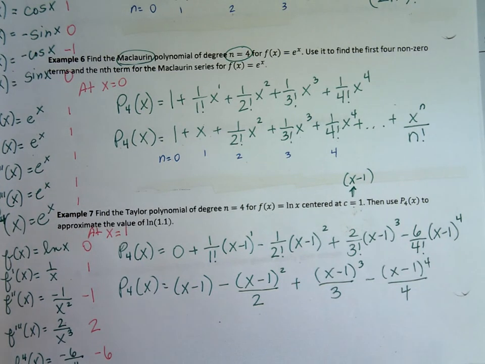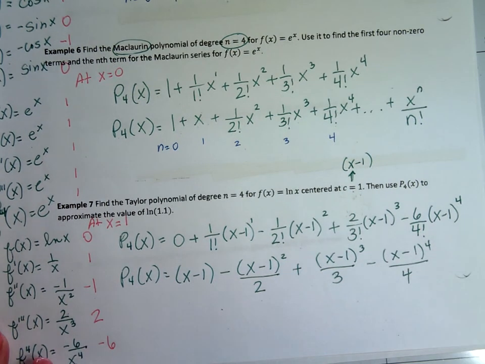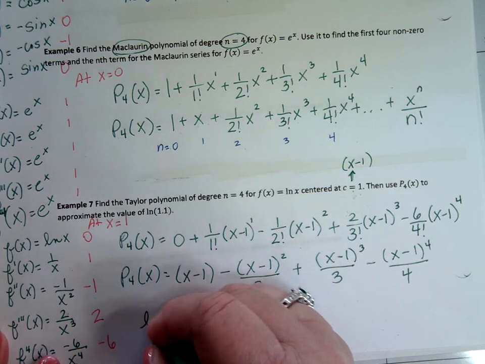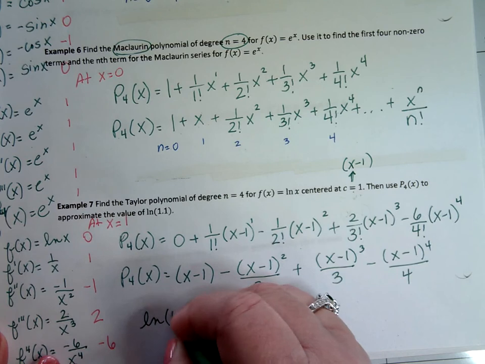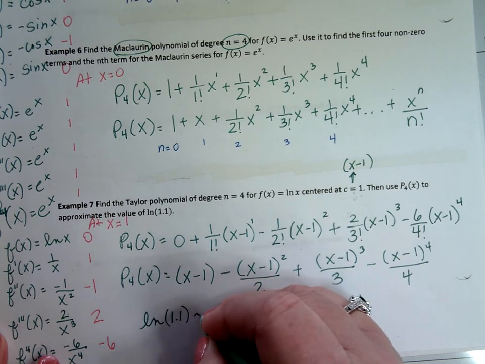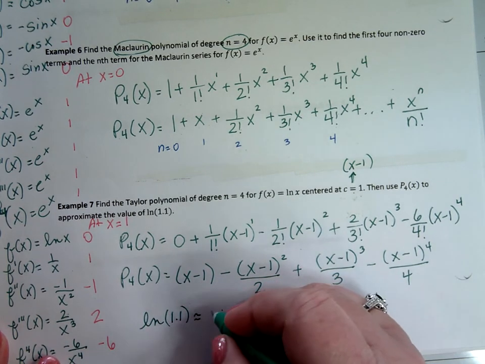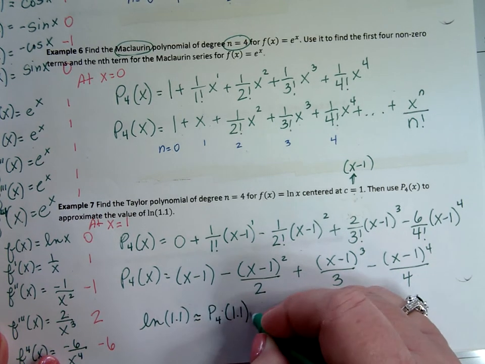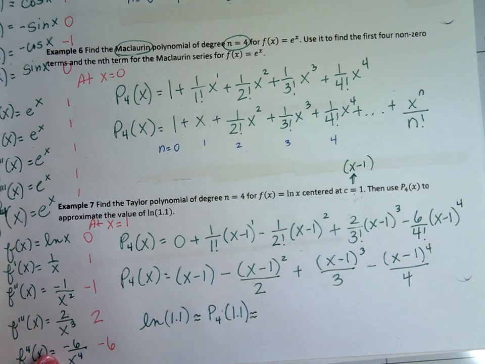All right, they want to know this time what's the approximation for the ln of 1.1. Now it's going to be an approximation, and it is the same value you get if you put 1.1 into your polynomial. And so if I put 1.1 minus 1, I get 0.1.